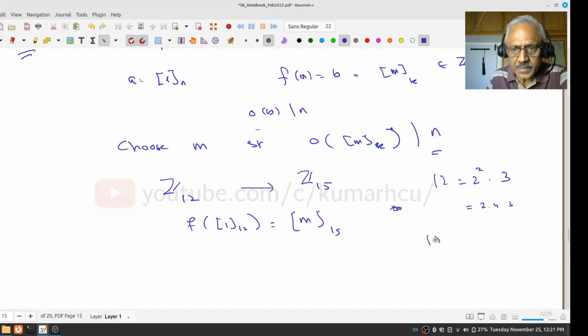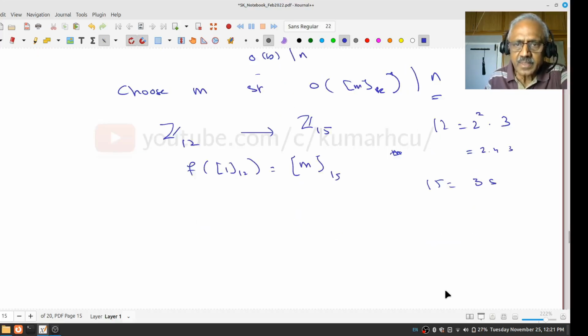Remember, 15 is 3 times 5. Therefore, the common thing seems to be only 3, because if m is an element of this, its order we have seen is a divisor of 15. It should be a divisor of here, and a divisor of here, therefore it is clear its order must be 3.